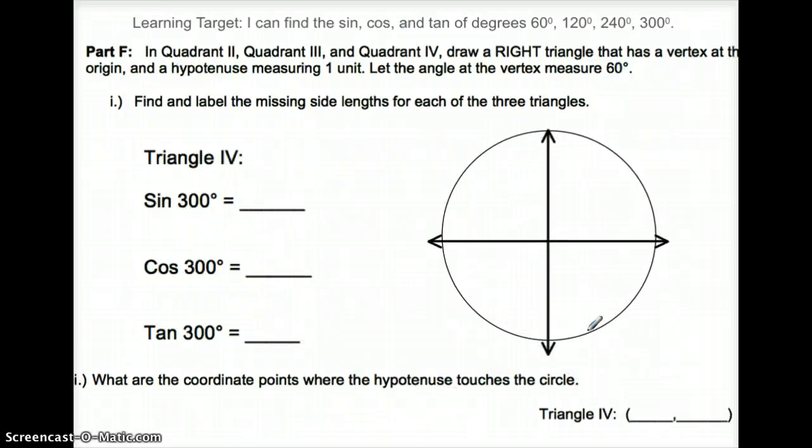So we're moving to the 300 degree. So remember that this is 270, and this is 360. So 300 is closer to 360. So something like that. I'm going to draw my altitude up to the x-axis.